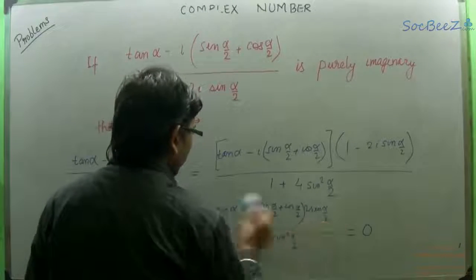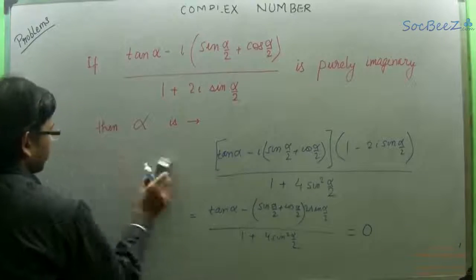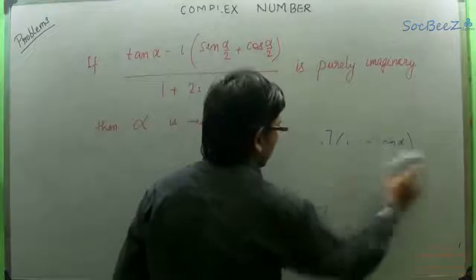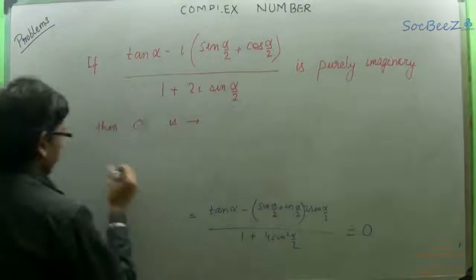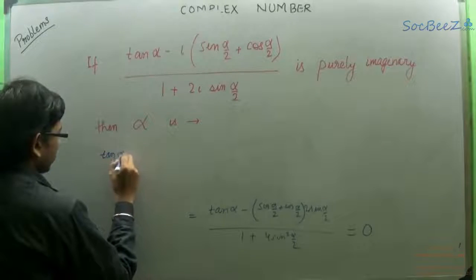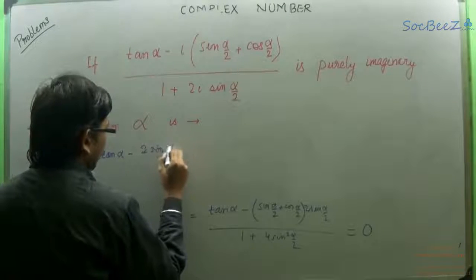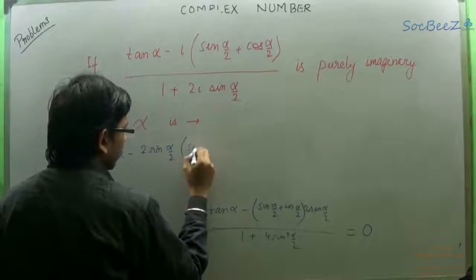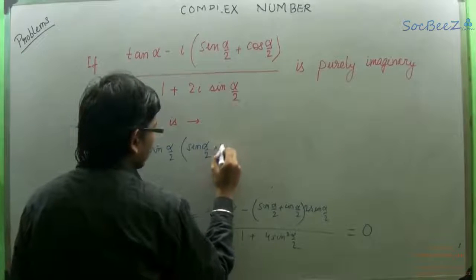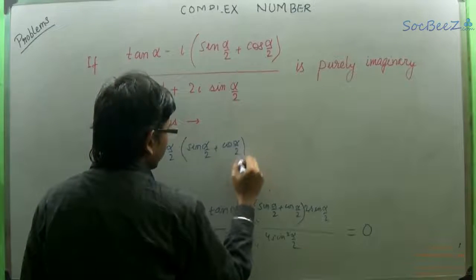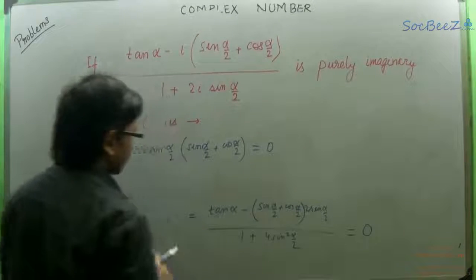So this value is equal to 0. So now we have tan alpha minus 2 sin alpha upon 2 times sin alpha by 2 plus cos alpha by 2 is equal to 0, right?